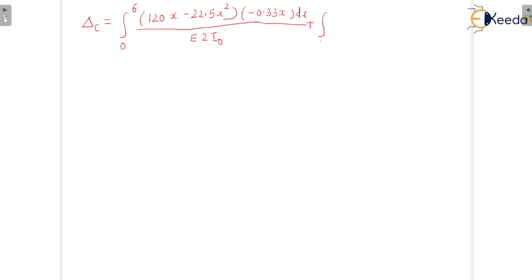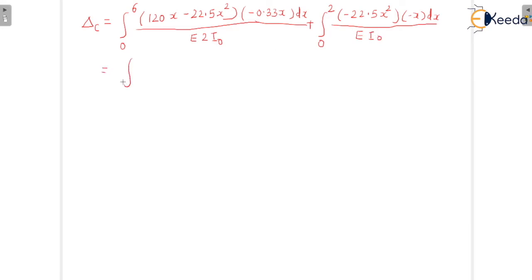Plus the other span, BC. Here let us write minus 22.5 x square minus x into dx over E I0.